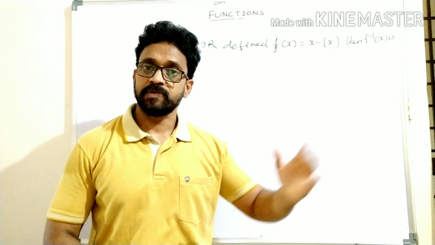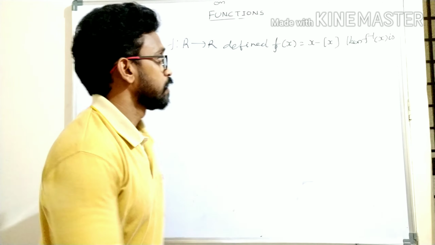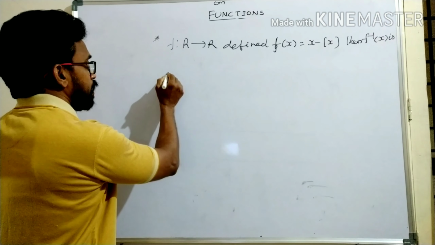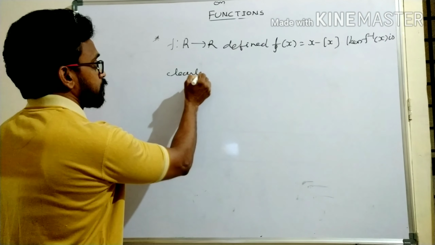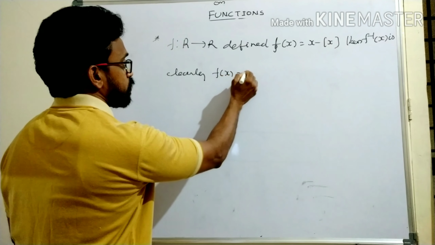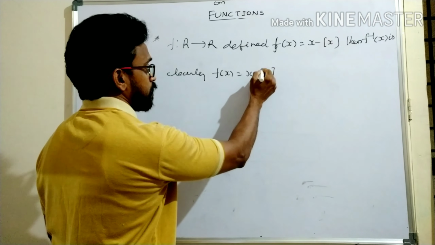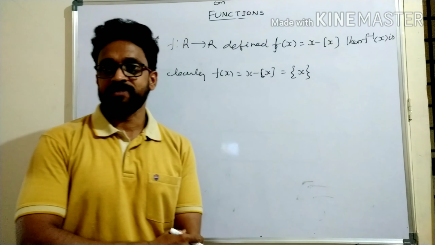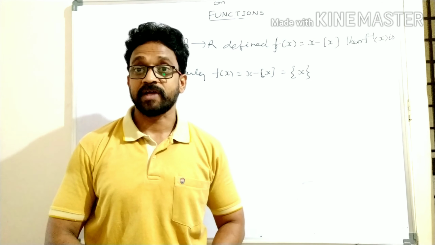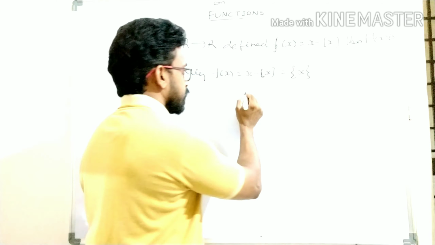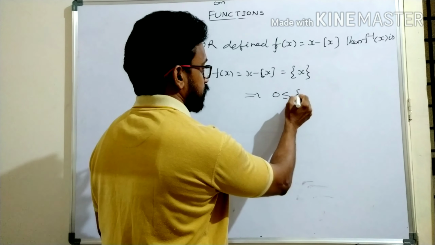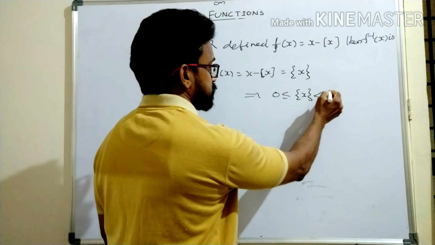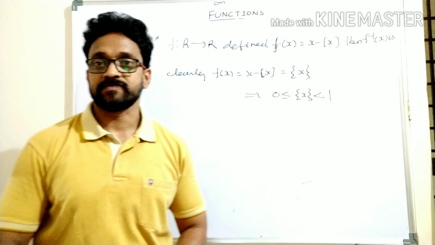If bijective, the inverse will exist. Now observe here, clearly f of x is equal to x minus floor of x, which is nothing but the fractional part of x. Always x minus floor of x is the fractional part of x. Now very clear, 0 is less than or equal to the fractional part of x, which is less than 1.